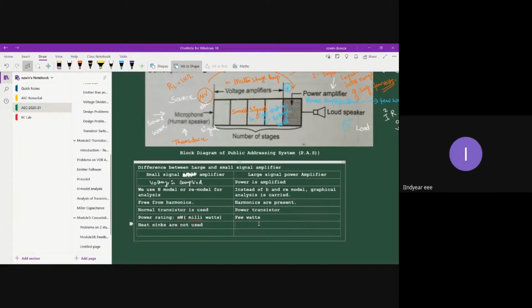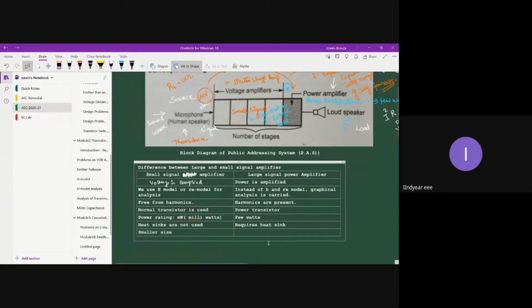On the other hand, your large signal power amplifier requires heat sink. The next difference could be on the basis of size. Since there are no heat sinks, since you are using a smaller transistor, so smaller size.